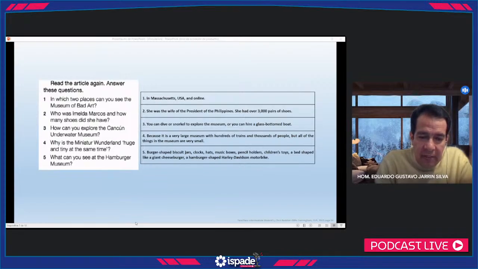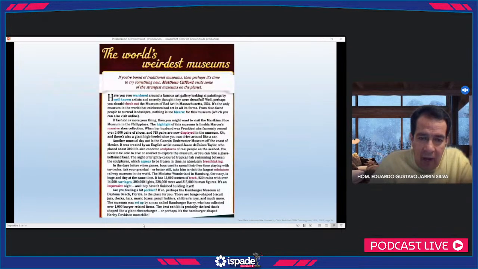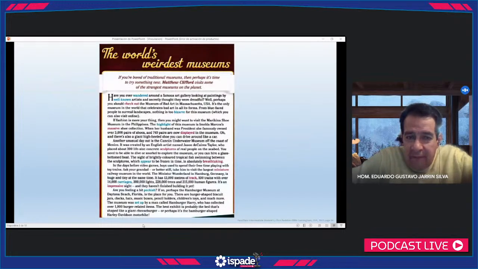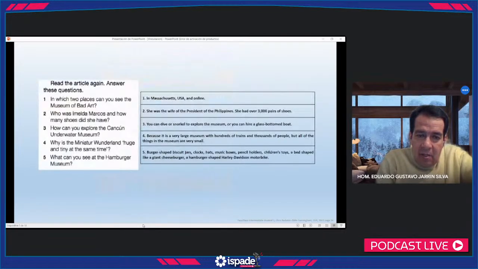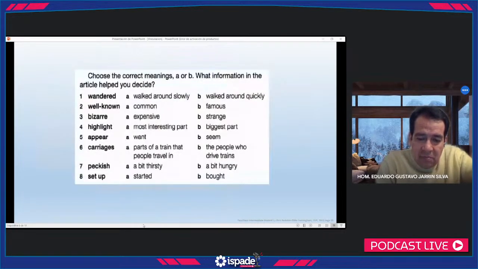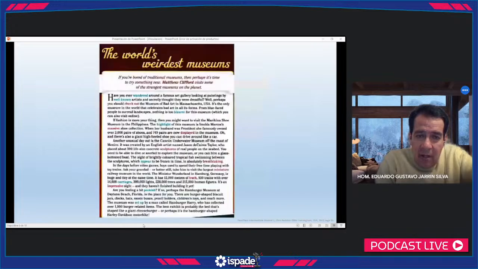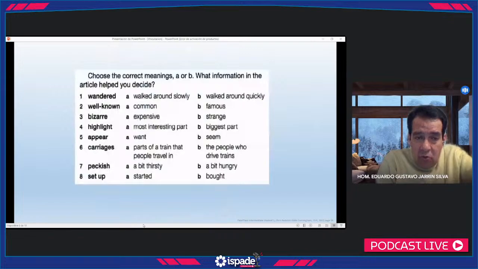I don't know if you noticed, but if you pay attention in the article, you have some words which are in different colors. Then you have something in blue and something in red, right? So it's for this exercise. Let's go back and you have the words in blue and the words in red. The words in blue are here.